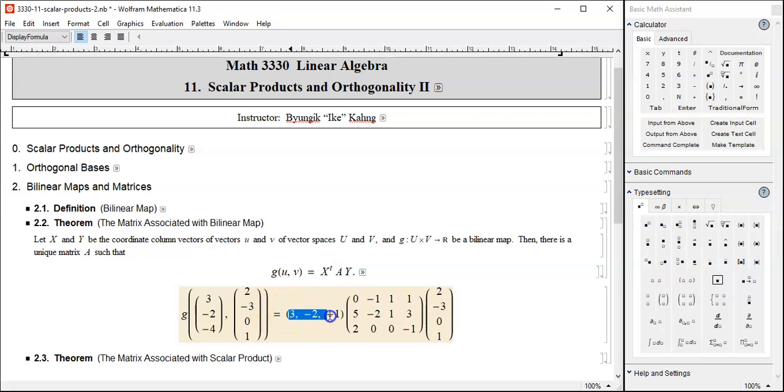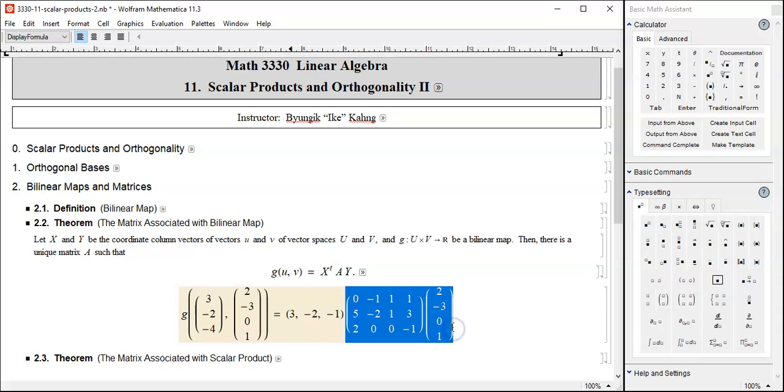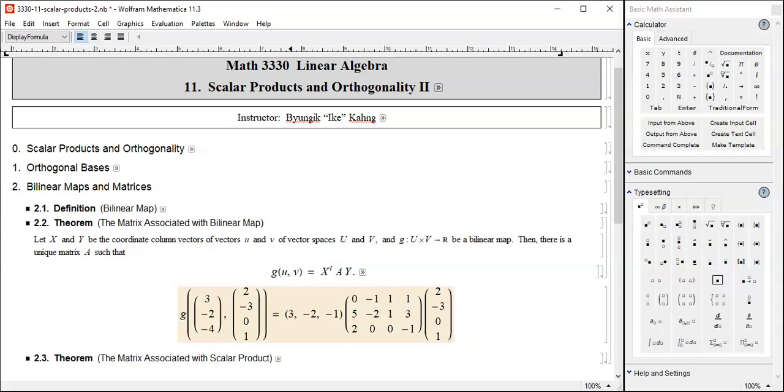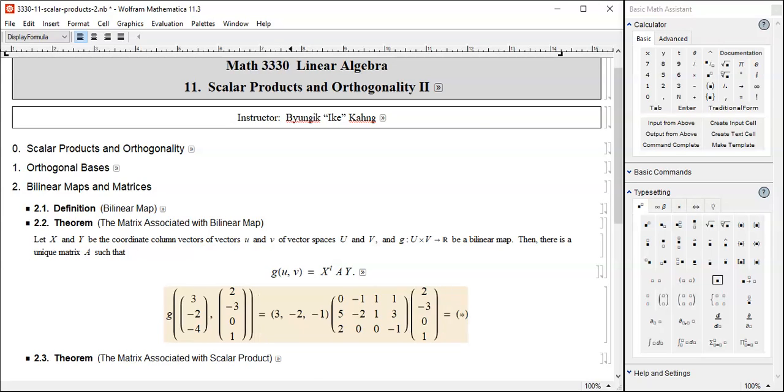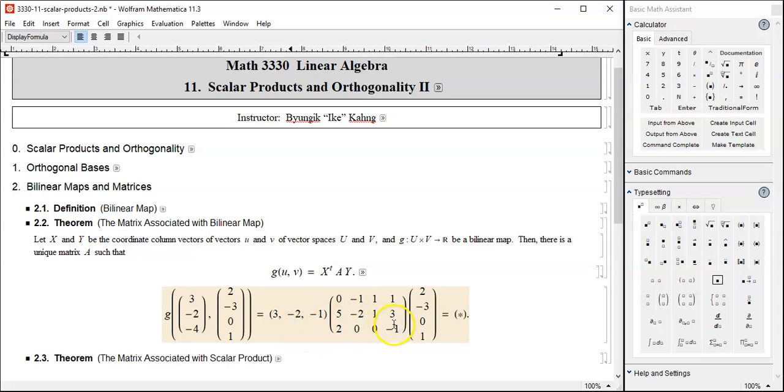So a three-dimensional row vector times a 3-dimensional column vector. Okay, that's well defined. And in the end, what do you get? You're going to get a certain real number. And of course, this computation is rather tedious, and I just made up these numbers, so it's quite unlikely that I'm going to get something nice. But in any case, this is an example of a bilinear map.